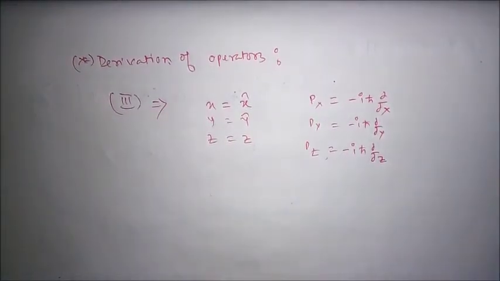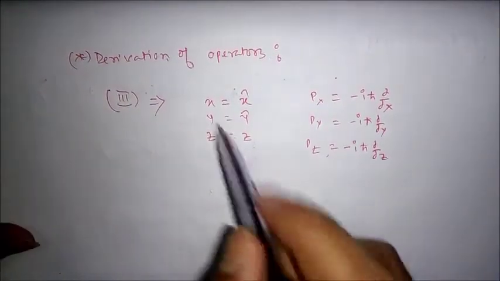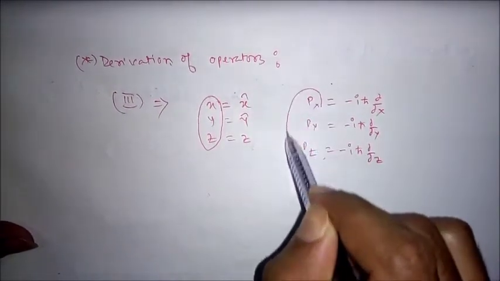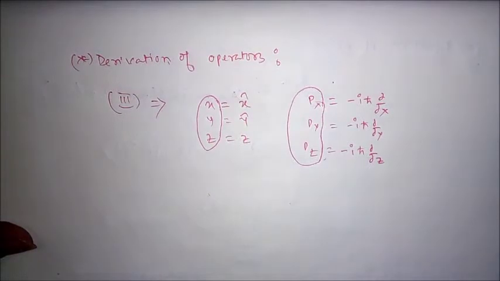To find any operator in quantum mechanics, we replace x, y, z by x, y, z and the linear momentum px, py, pz by these values.